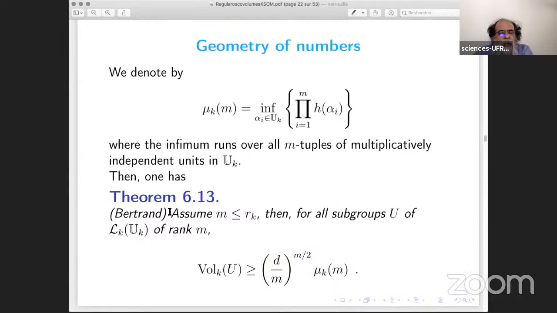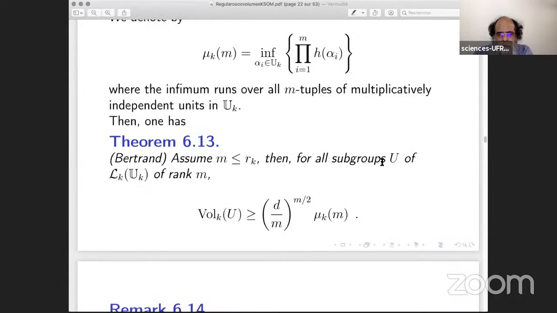And what you get is that the volume of such a group is of the size d to the m over 2 times mu k of m. Okay, so this comes from Minkowski. And it tells you especially why these kinds of problems are beyond the realm of geometry of numbers.